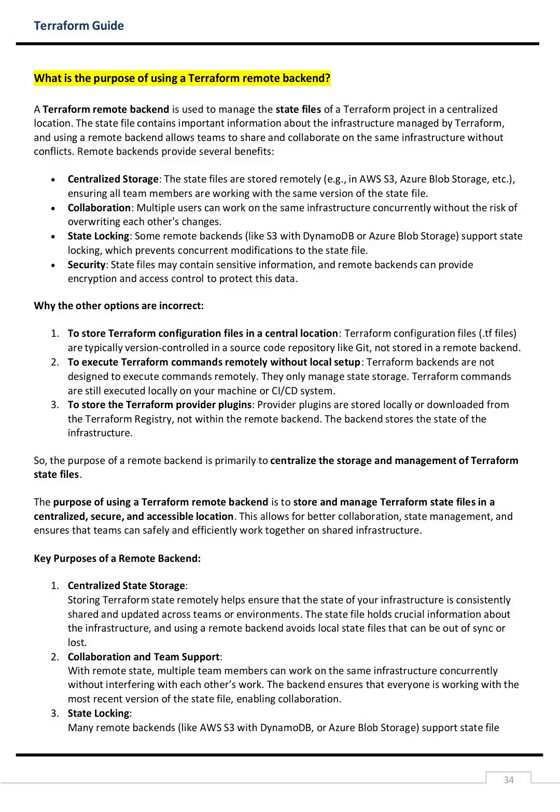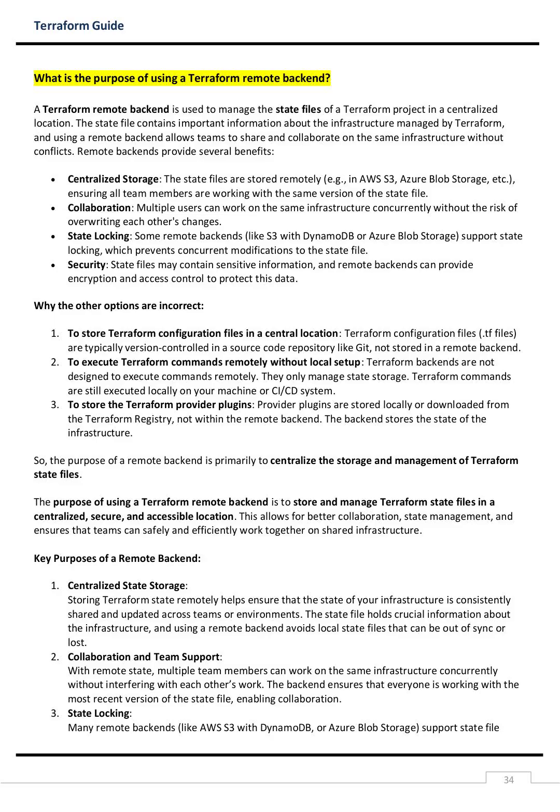Remote backends provide several benefits. Centralized storage: the state files are stored remotely, for example in AWS S3, Azure Blob Storage, etc., ensuring all team members are working with the same version of the state file. Collaboration: multiple users can work on the same infrastructure concurrently without the risk of overwriting each other's changes.